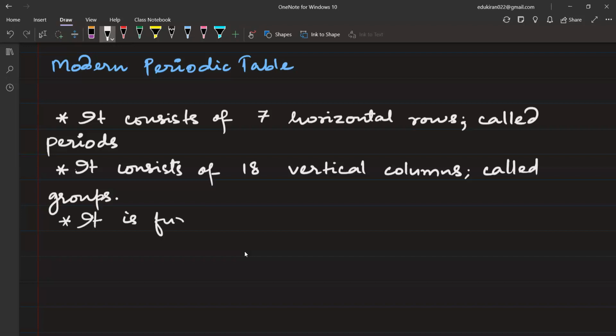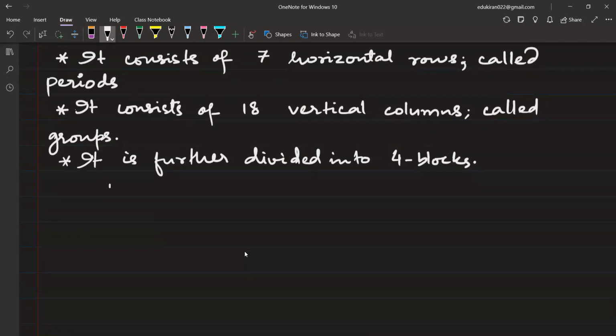It is further divided into four blocks. First is S block, which is group 1 and group 2.